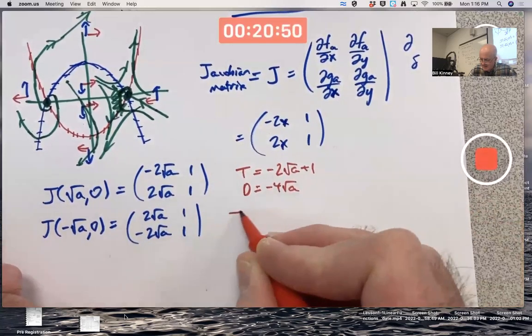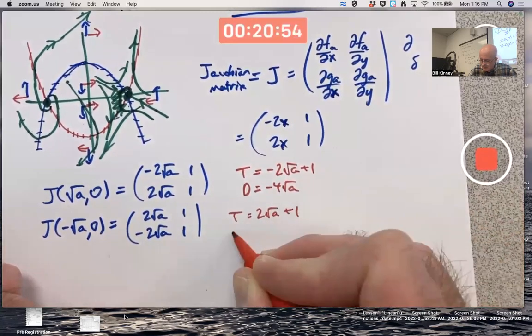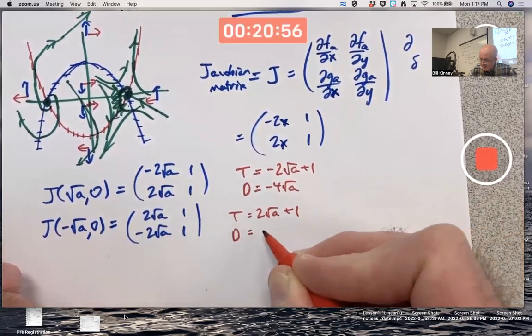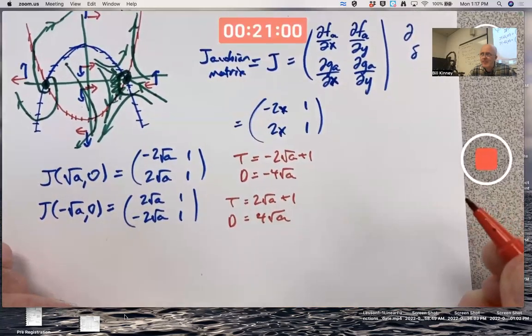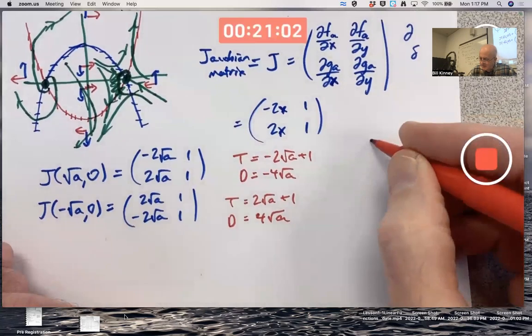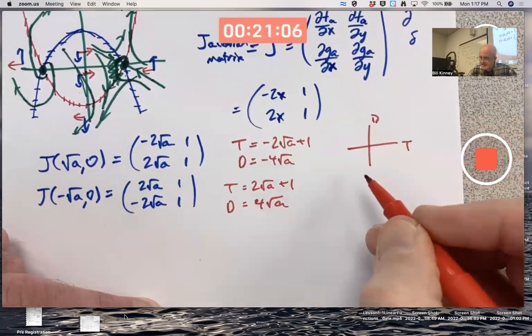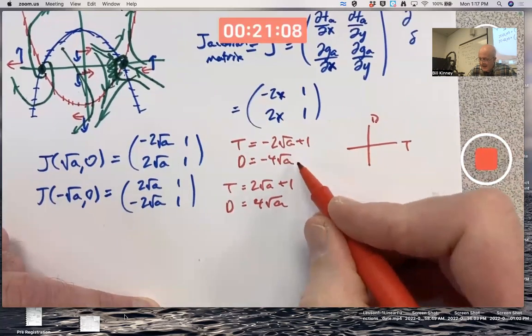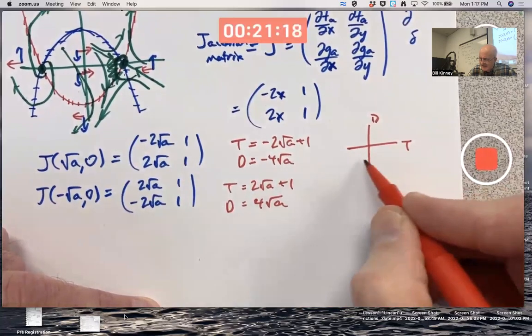This one has a trace of plus 2 root a plus 1 and a determinant of positive 4 root a. Think about the trace determinant plane. For this one, no matter what a is, as long as it's positive, so you're not taking a square root of a negative number, no imaginary numbers here, the determinant is negative, you're down here somewhere.